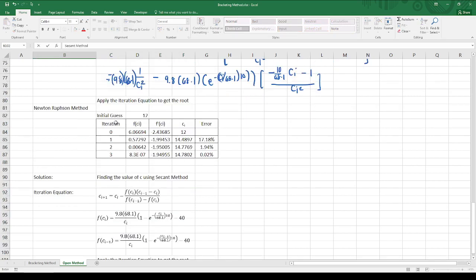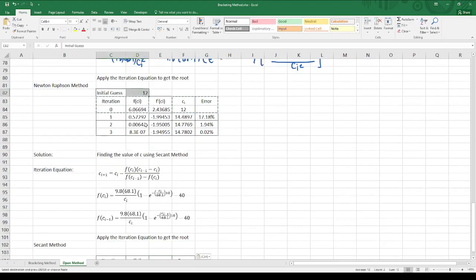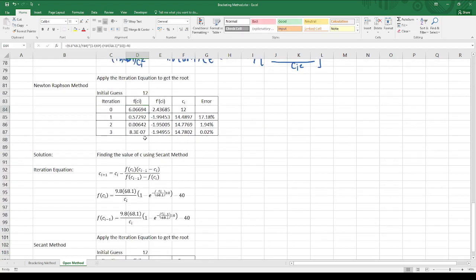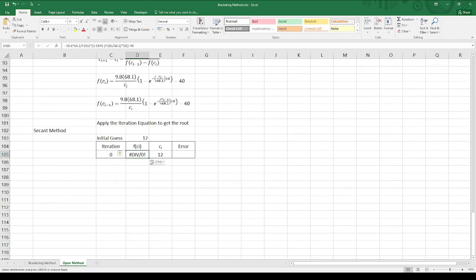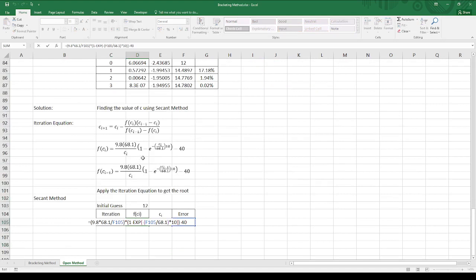So yeah. You need an initial guess. So for f of c sub I, let's copy the formula. Maybe this should work. So this one should be this one.